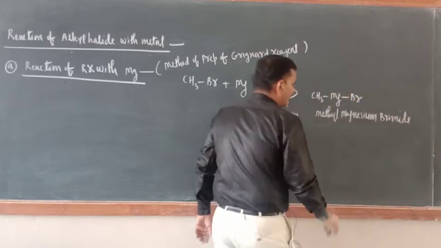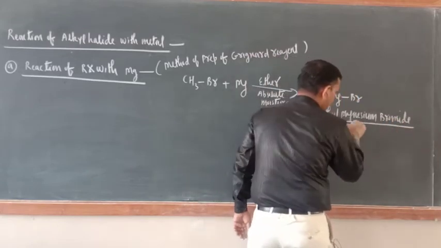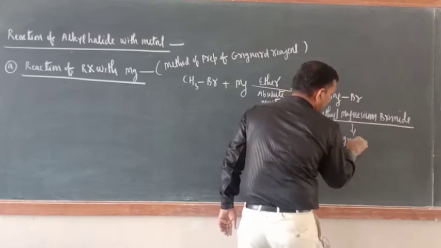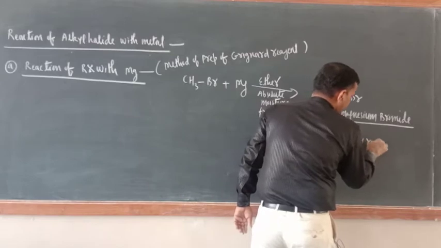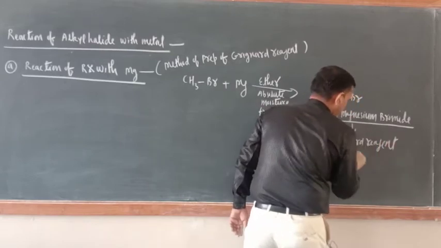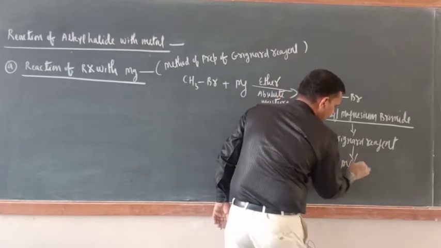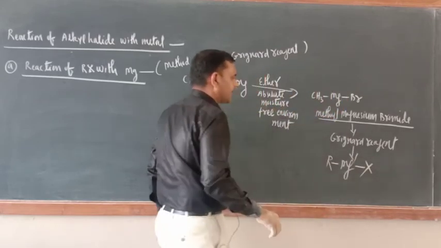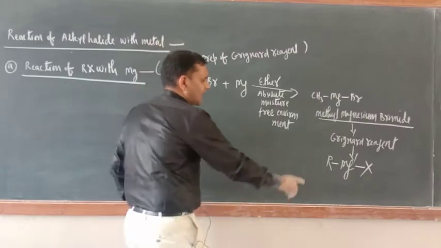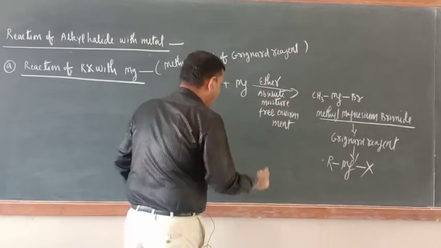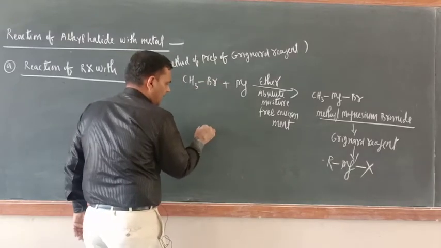This is the Grignard reagent. So there is a general formula of Grignard reagent, that is RMgX. RMgX means alkyl group, magnesium and halide.